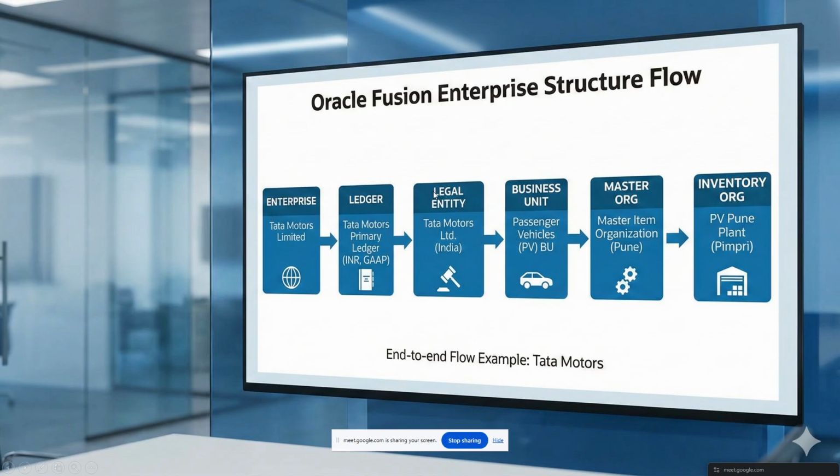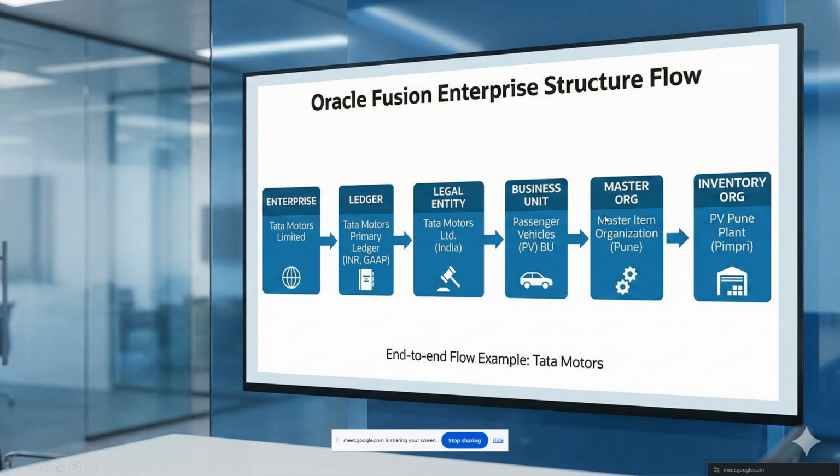After that I'm going to have the legal entity, then the business unit. Then usually we have the inventory organization, but that inventory organization is always associated with the master organization. We'll see what the master organization is, what the inventory organization is, and the difference between these two.